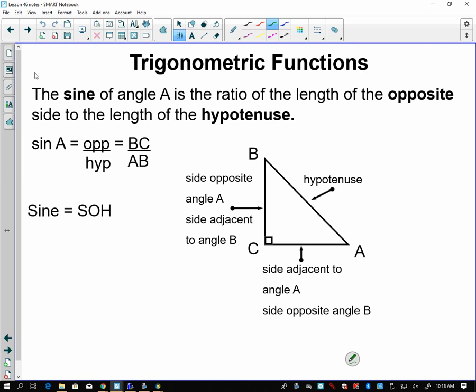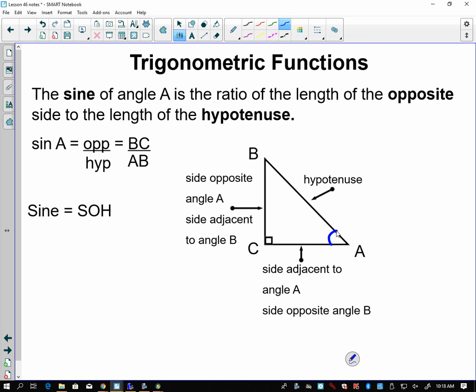The hypotenuse is always the hypotenuse. It's always the side opposite the right angle. But which side is opposite is dependent upon which angle I'm using. What we're going to talk about is sine of angle A, meaning this angle right here.